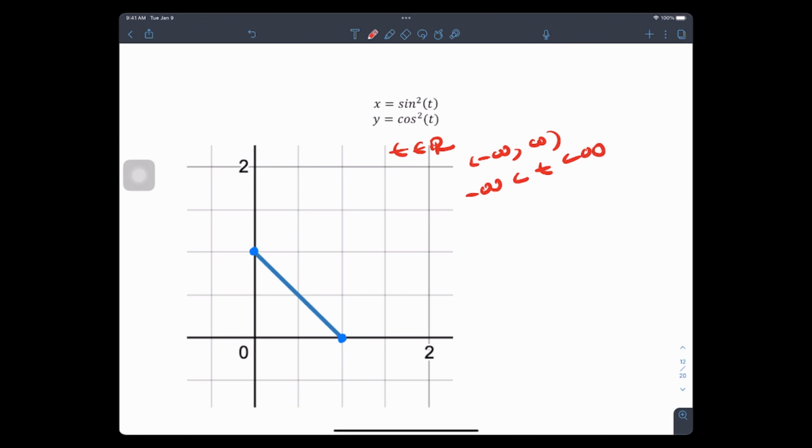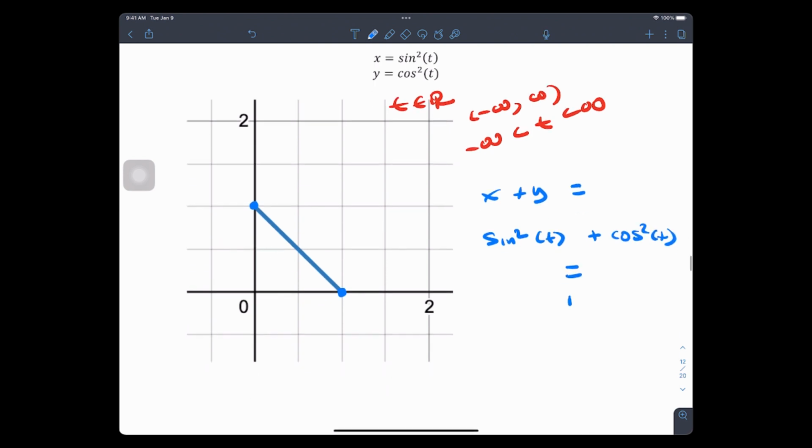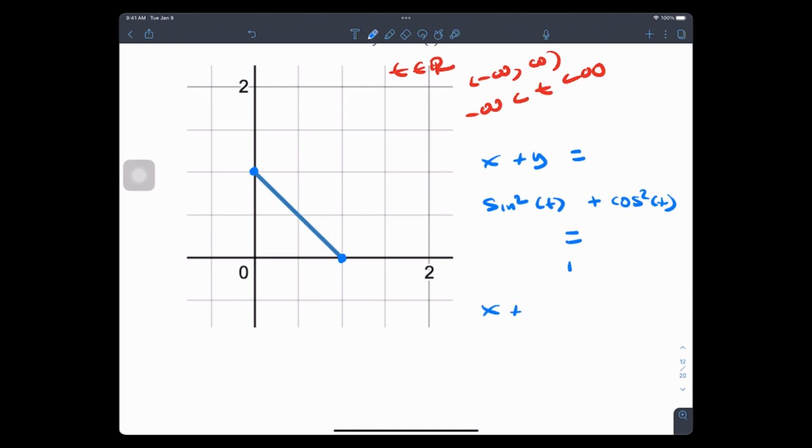But what is happening with this curve? The line of this curve is very simple. You just add x and y. It's going to be sine squared plus cosine squared. But what does that equal? That equals 1 by the Pythagorean identity. So x plus y is 1.